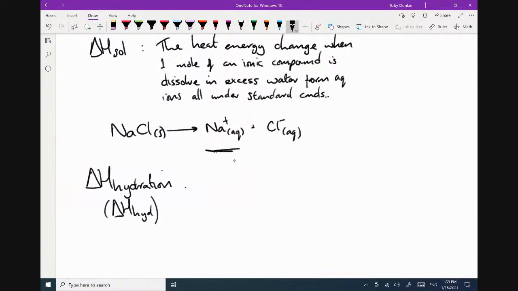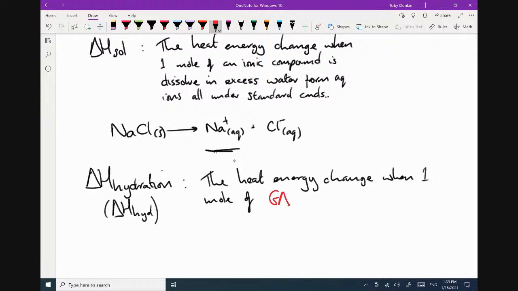First thing is the definition: the heat energy change when 1 mole of, well done, gaseous ions dissolve in excess water to form aqueous ions, all under STP. And all to form aqueous.